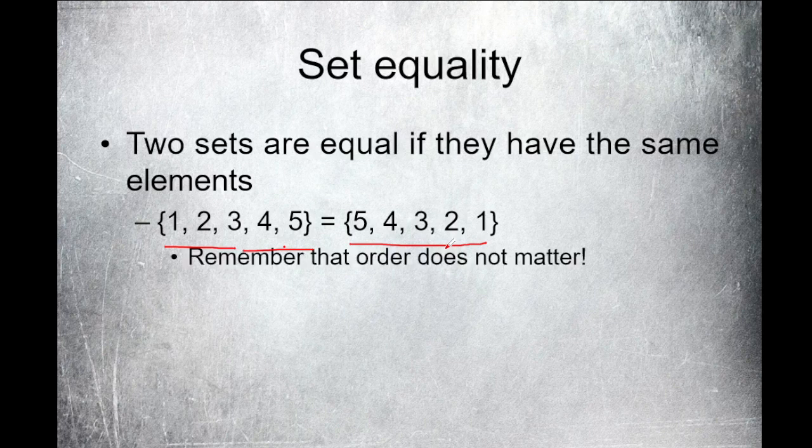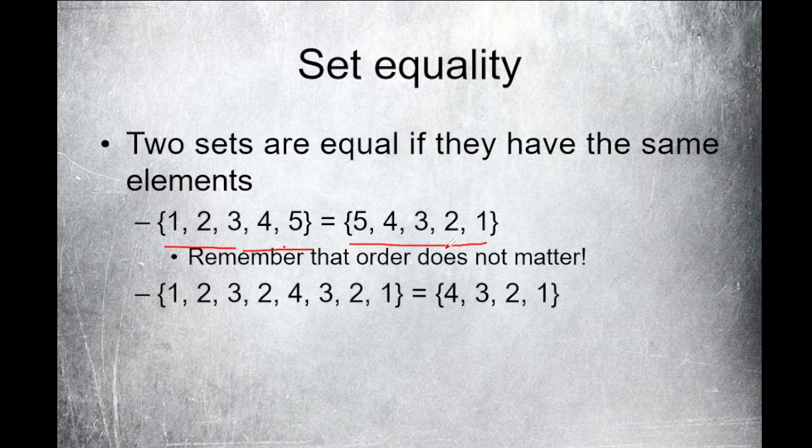Okay, here the order of the elements will not matter. And if an element is repeated, that will also not matter, because that particular collection is still a set. So we can say that they are equal provided they have the same elements.